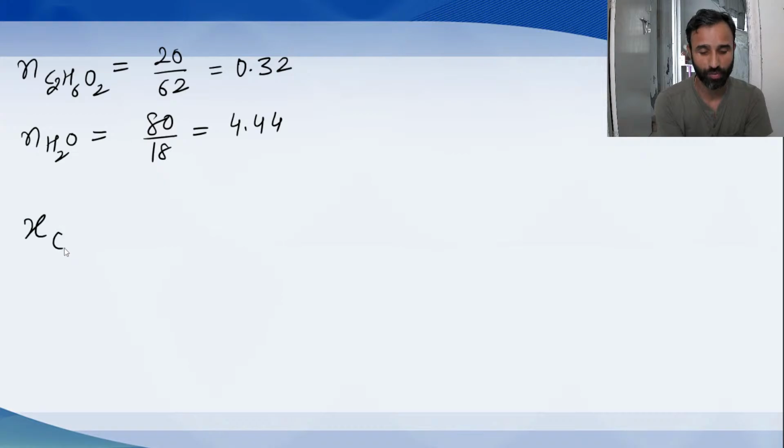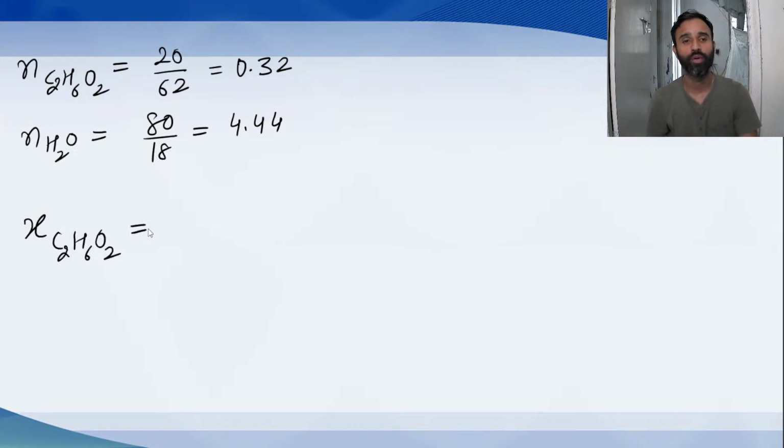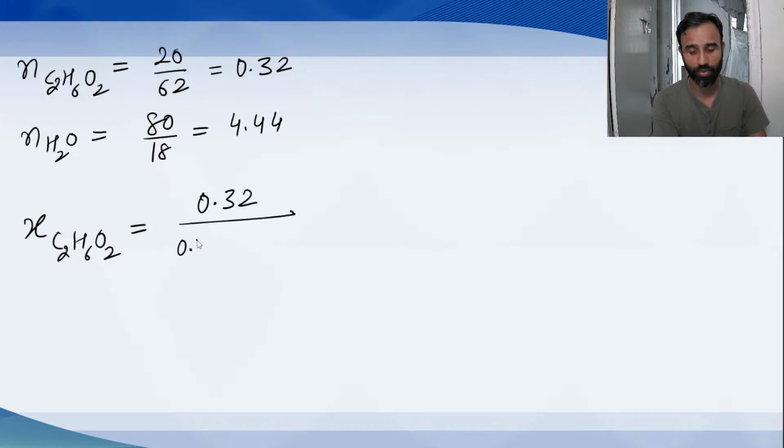So now mole fraction of ethylene glycol is equal to number of moles of ethylene glycol divided by number of moles of ethylene glycol plus number of moles of water.